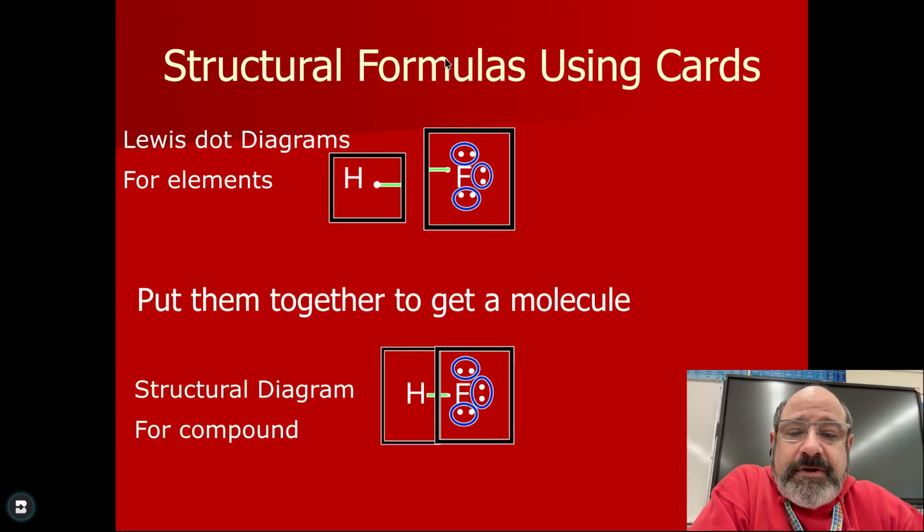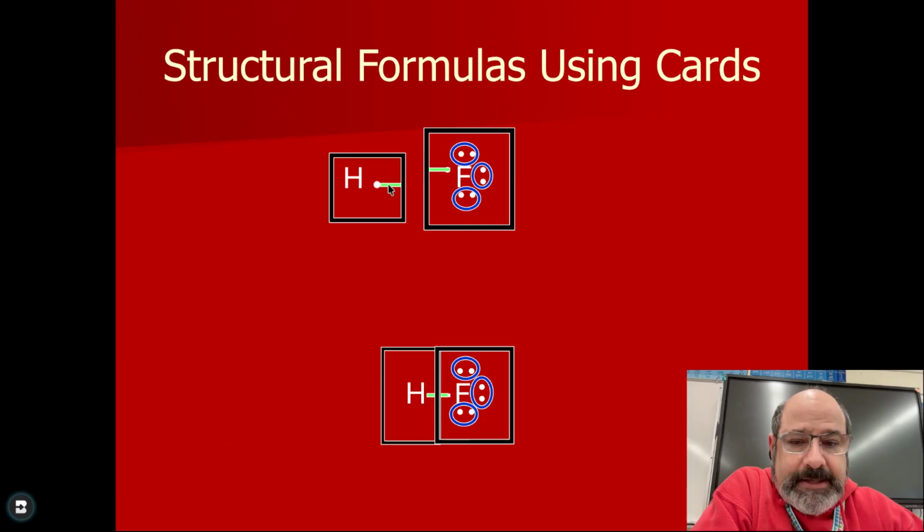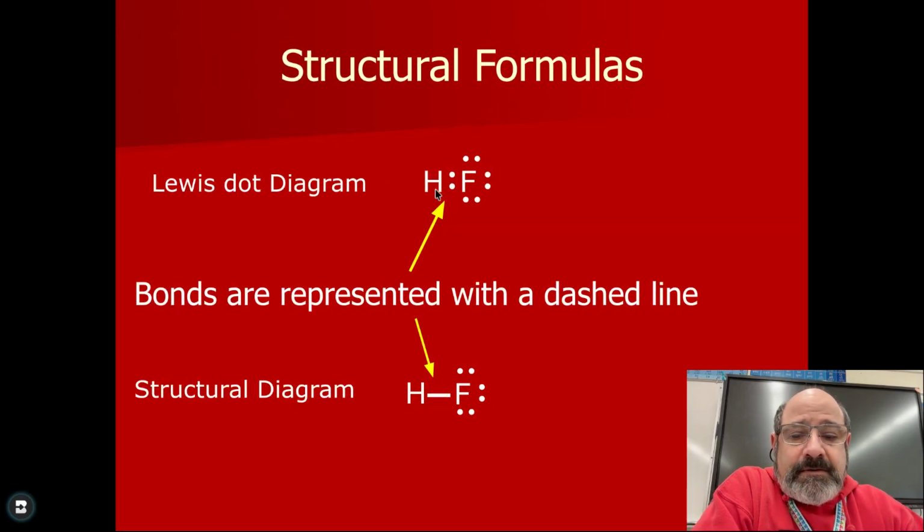Now, if we're using our little cards that we made, here's our hydrogen with 1 Lewis dot. I'll go back so you can see. So hydrogen and F. Hydrogen has 1 dot, F has 7, and a line.